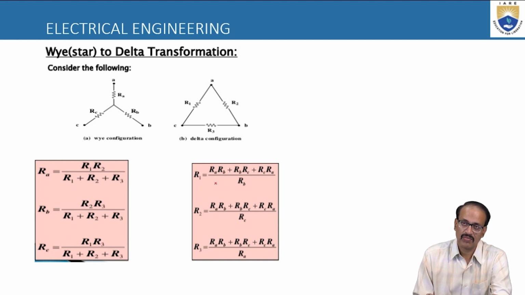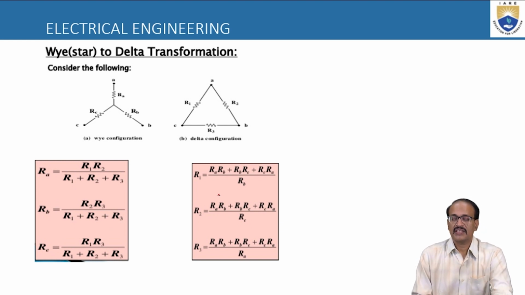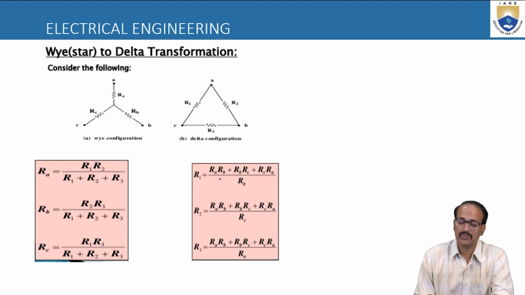Now I want R1. Always remember, in the delta the numerator will be common and in the star the denominator will be common. So the first thing is I want R1. The numerator is common: RA RB plus RB RC plus RC RA, divided by the denominator.